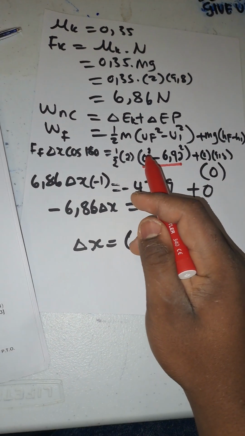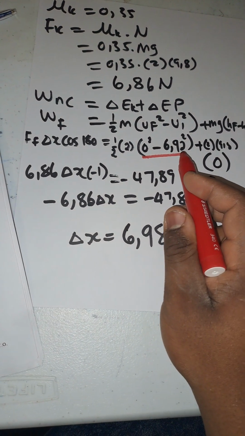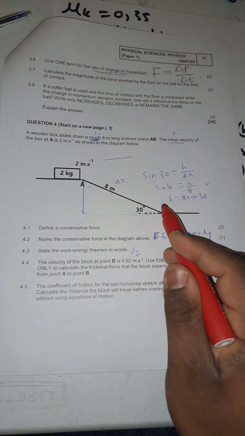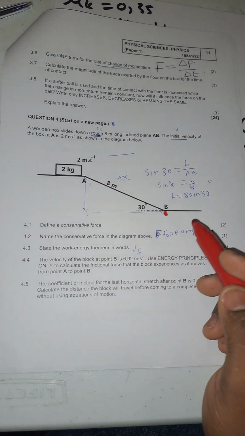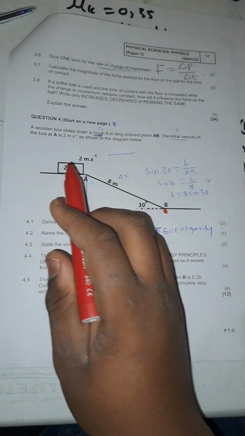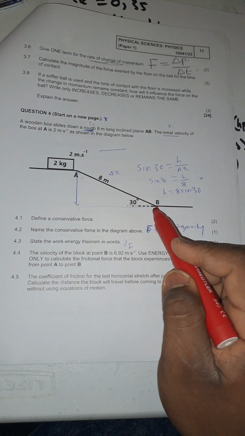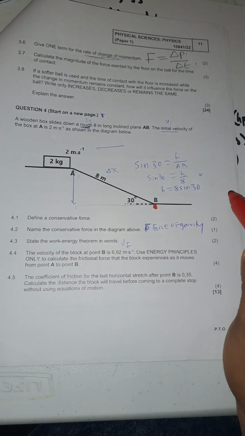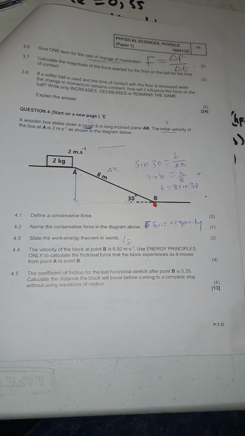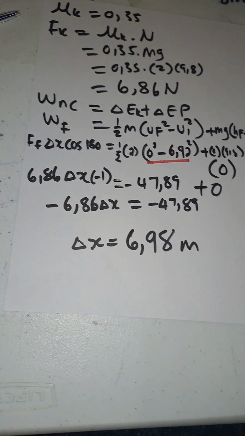Your final velocity will be 0 because the block has to stop. Then the initial velocity is 6.92, because you were told that here the velocity is 6.92, but it was the final velocity when it was starting at A. Now it is moving from B until wherever it will stop. So this will be your initial velocity, and when it stops, the final velocity is 0. So that was the tricky part there, okay?